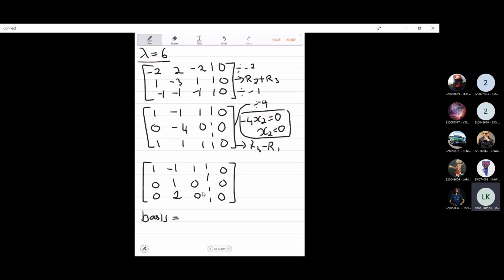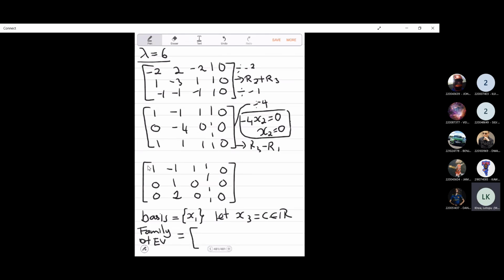So I like to pick the first one, and then we let x3 equal to c, which is a real number. Okay, then our family of eigenvectors. So we use this equation.